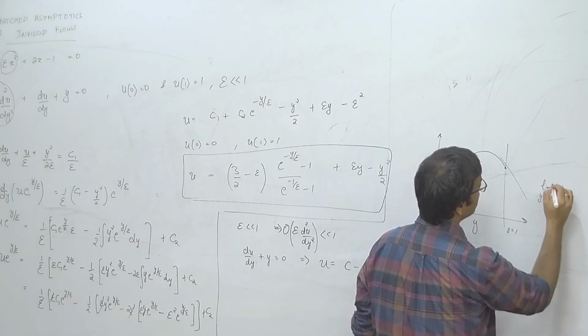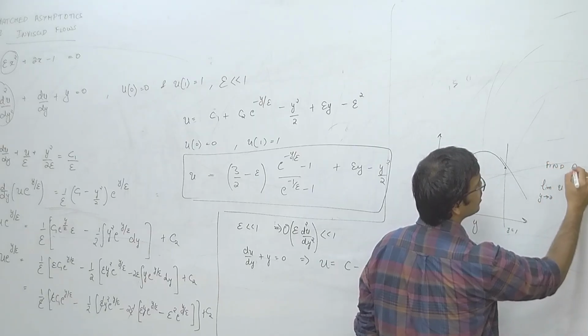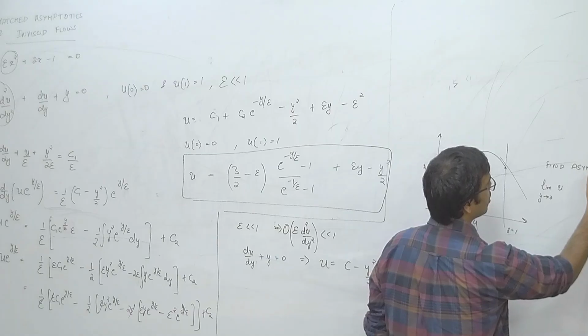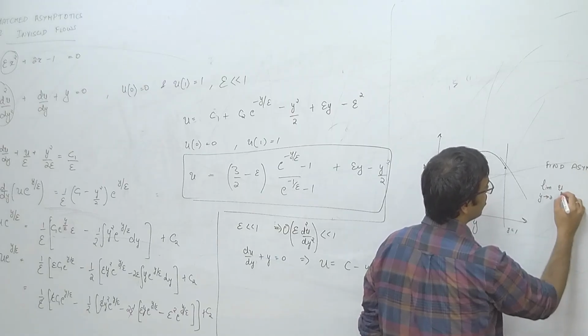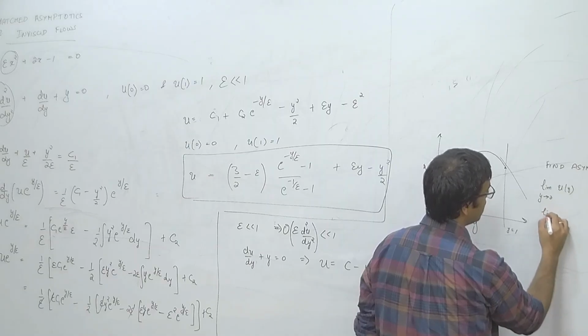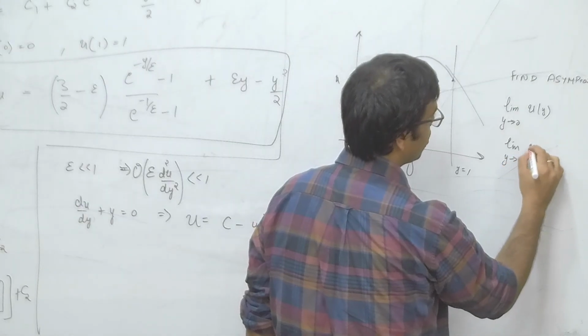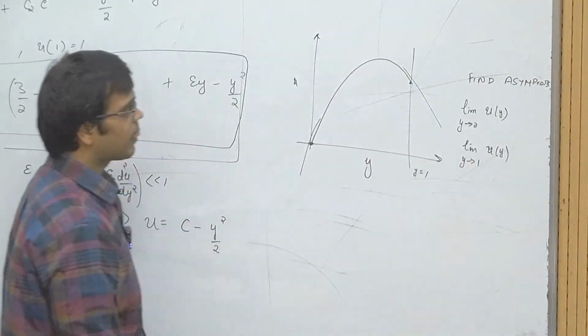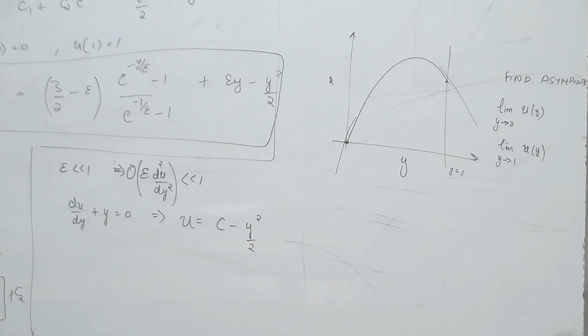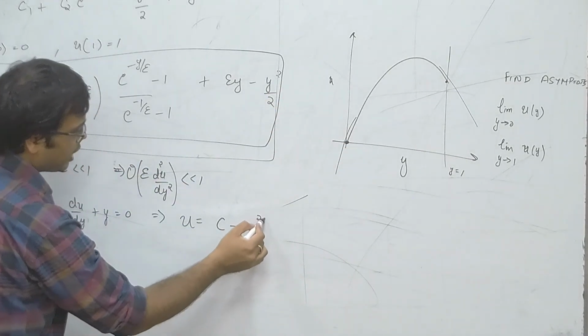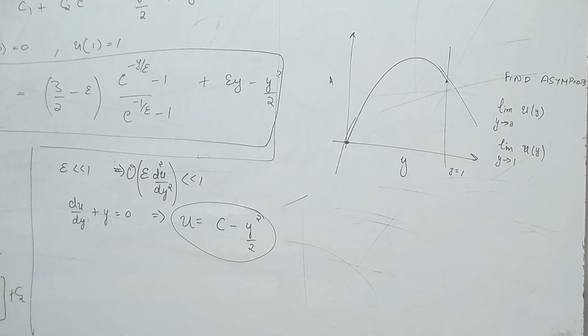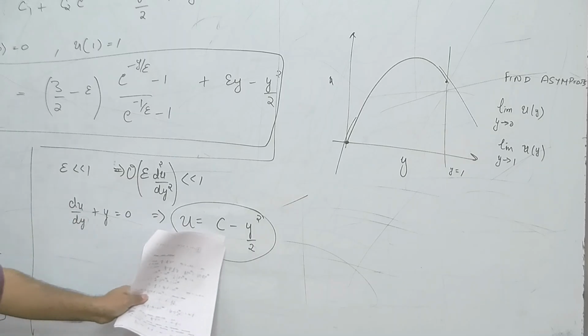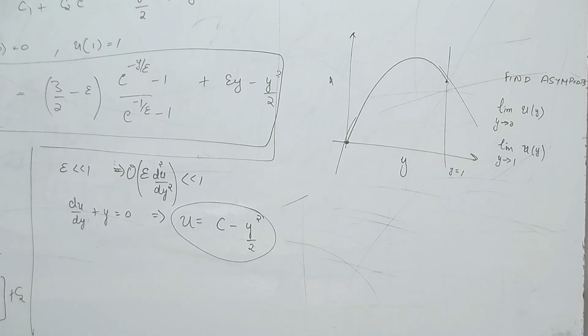Find the asymptotes of u for both ends. Whichever asymptote can match the functional form c minus y square by 2, that is the boundary condition that can be satisfied by this function.